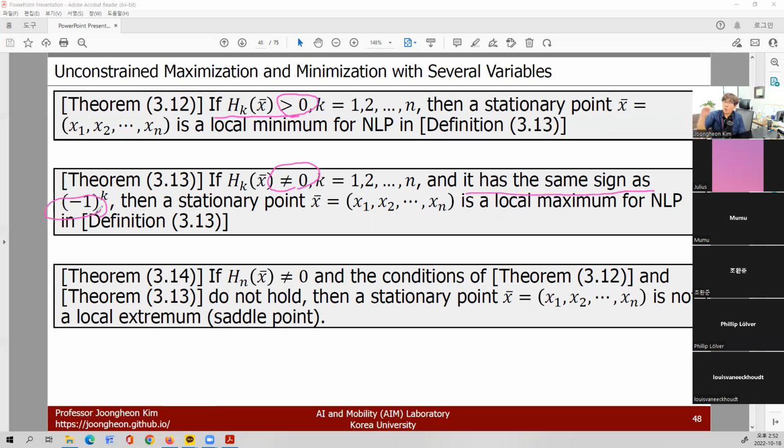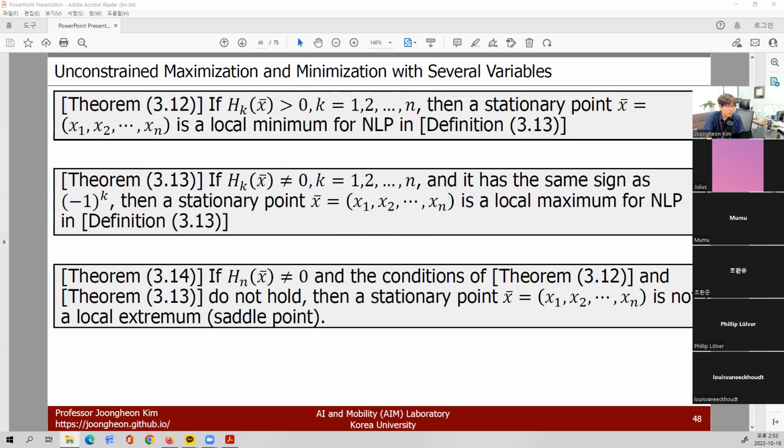A convex function is for minimization, right? So if all the principal minors are positive, that is for minimization, because that is for the convex. If the signs alternate, minus, plus, minus, plus, that is for the concave. I told you that concave looks like a head. That's why that is for the maximization problem. That's what I told you previously, right?